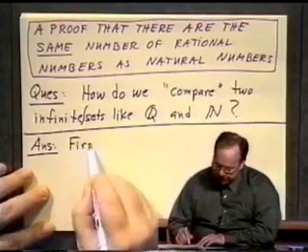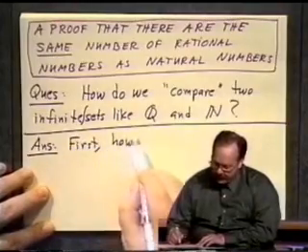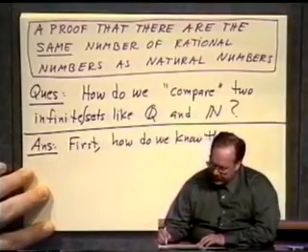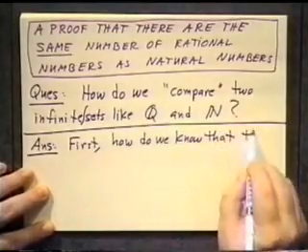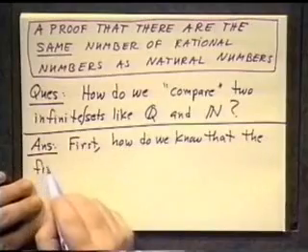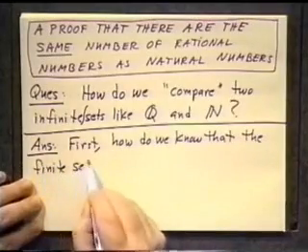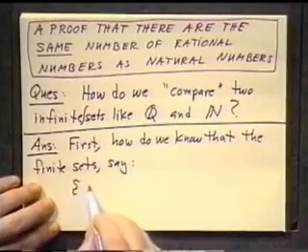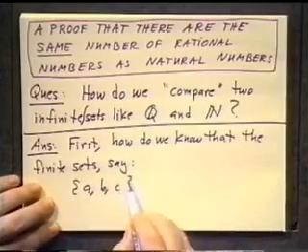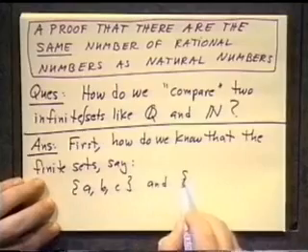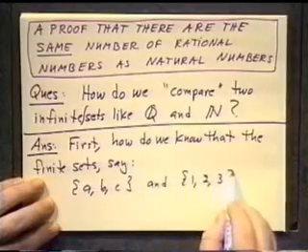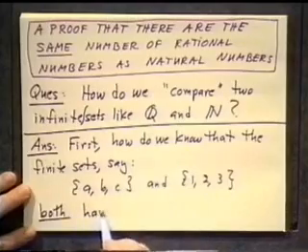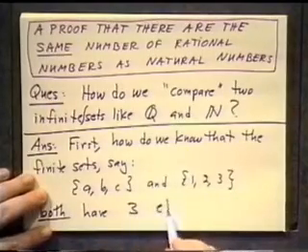So first, how do we know, this is time to think about this, how do we know that the finite sets, just for an example, the set A, B, C, and the set containing 1, 2, and 3, both have 3 elements?